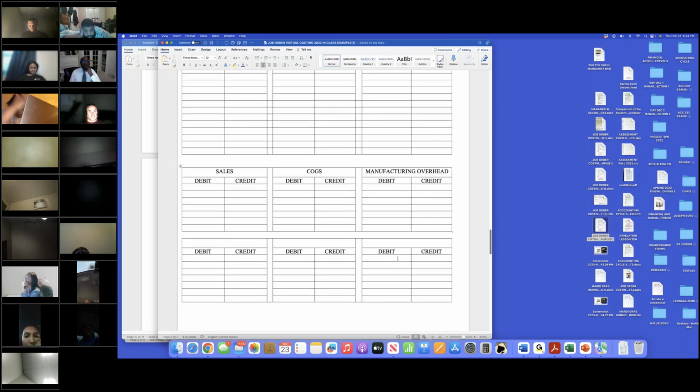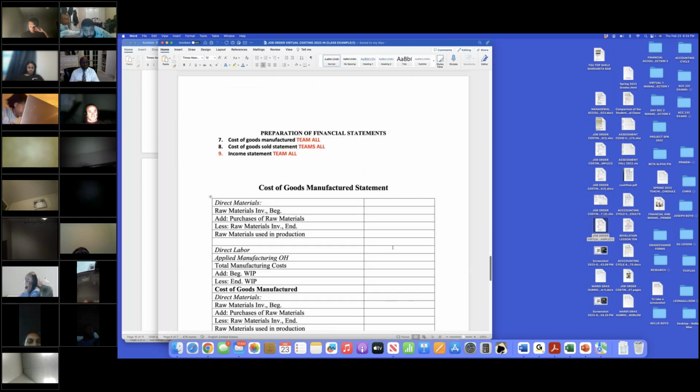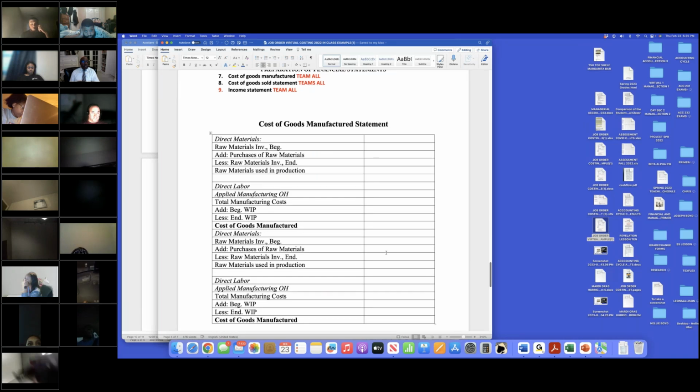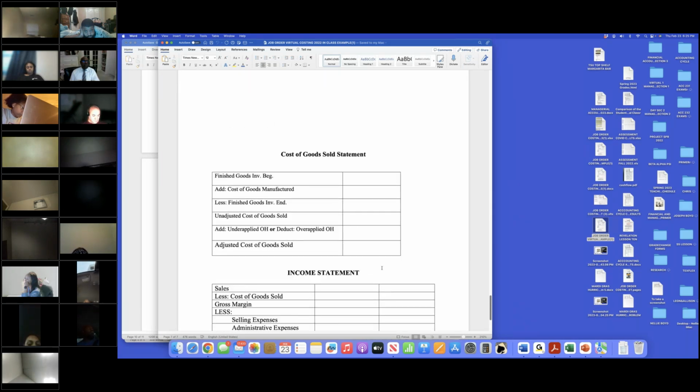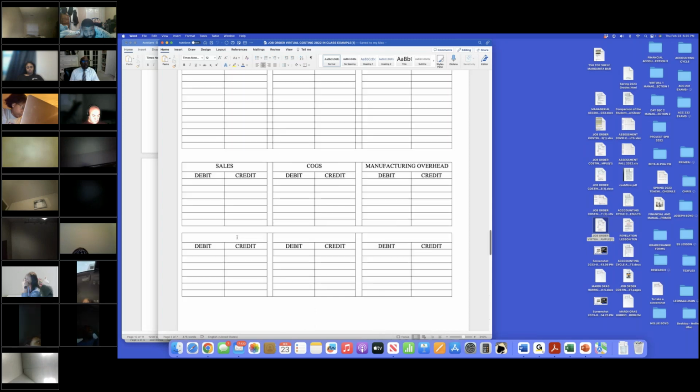Those are basically the only T accounts we need for cost of goods manufactured and cost of goods sold. And then for the income statement, we will add selling expenses in here, and administrative expenses.